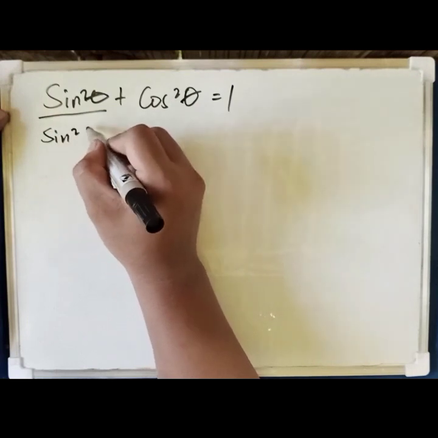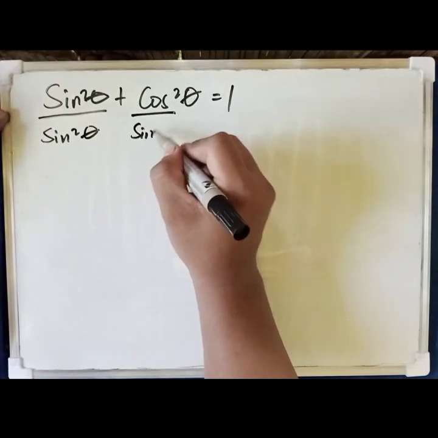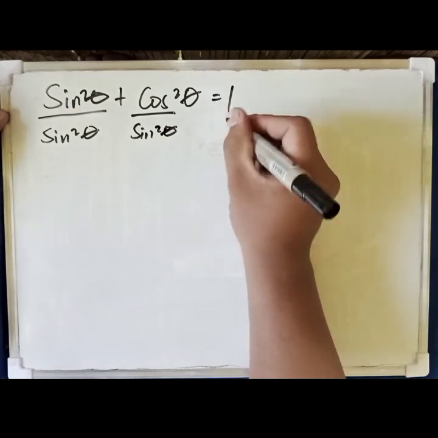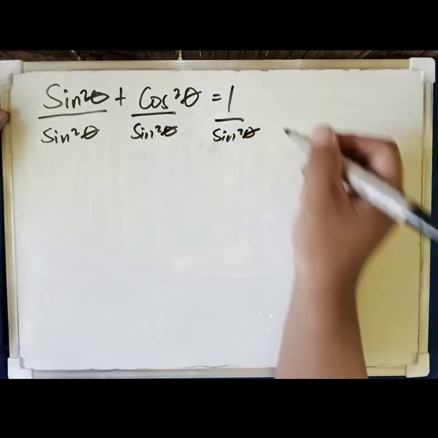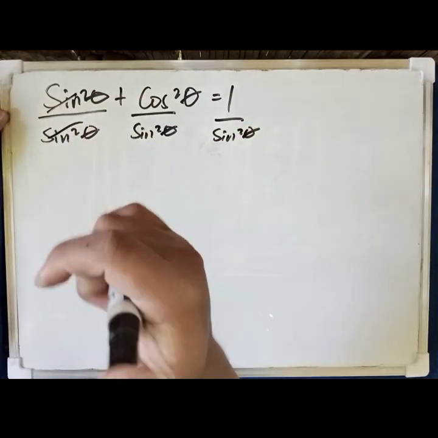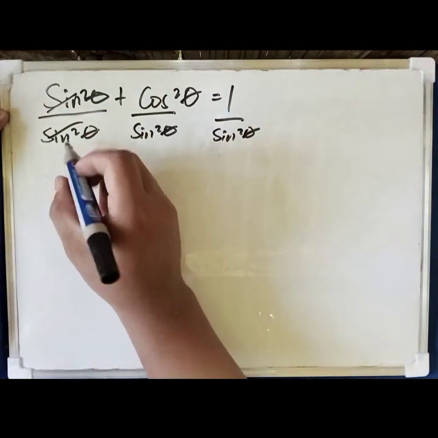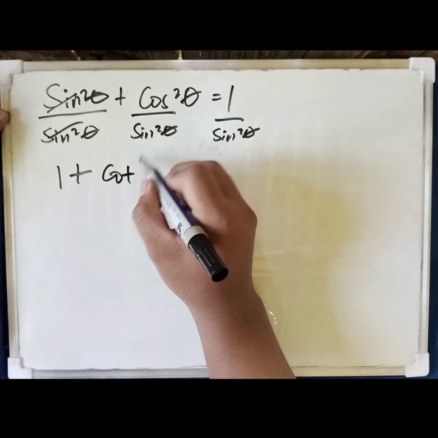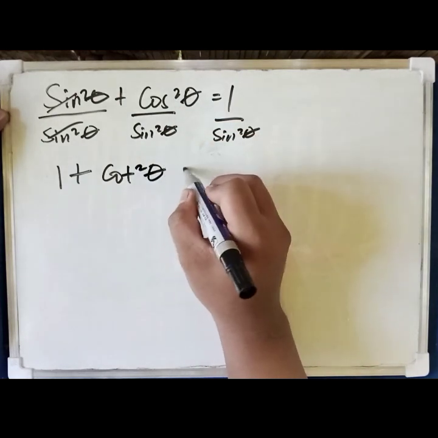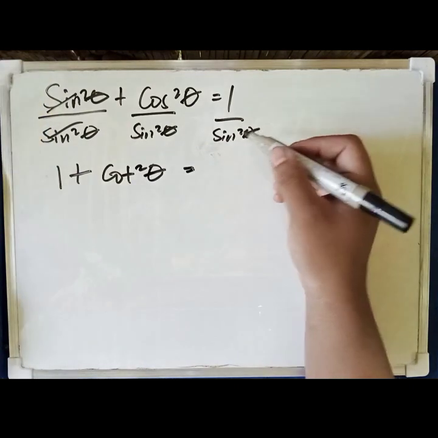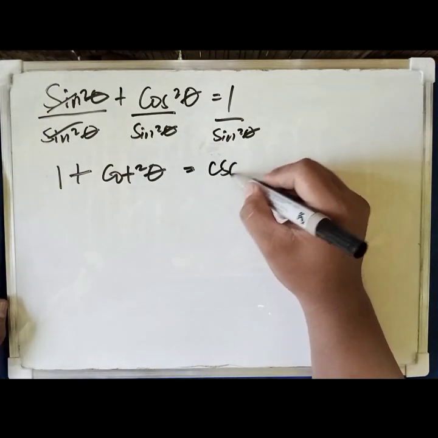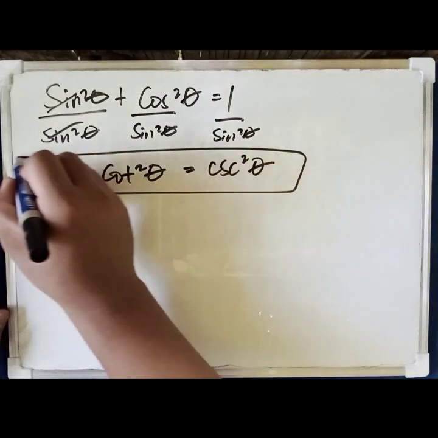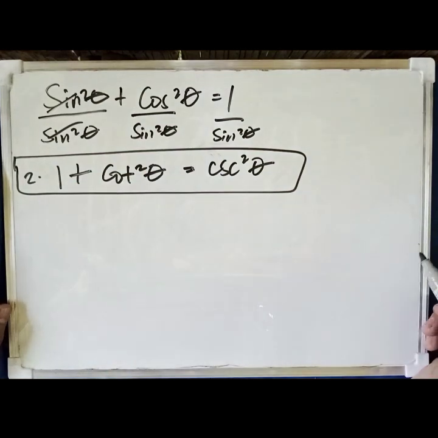Divide each term by sine squared theta, and then sine squared over sine squared is just equal to 1. Then cosine squared over sine squared is the quotient identity for cotangent squared theta. Then 1 over sine squared is the reciprocal identity for cosecant squared theta. So we have derived the second Pythagorean identity.